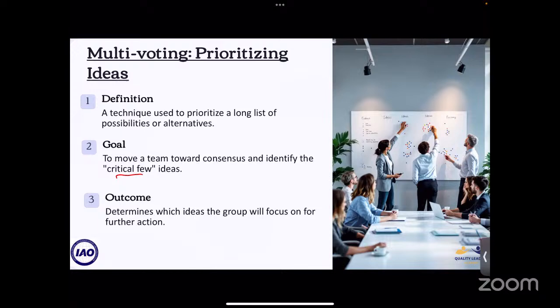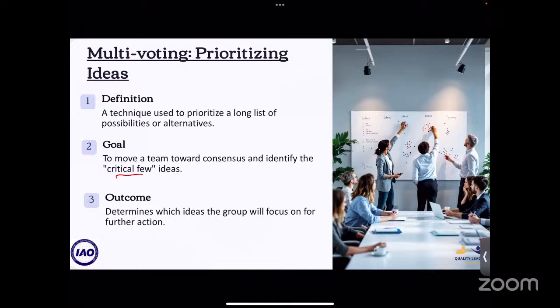For example, if you have a lot of ideas or many problems and you want to prioritize them, we start by giving each one a vote. How many points should we give this problem? So, for example, give it 10 points. Give another idea 20 points. Another idea gets a different score, and so on.